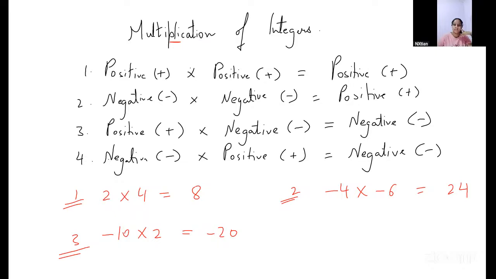We put a negative sign. Similarly, when we have a positive and negative number, for example, 8 into minus 2, minus 16. Okay.